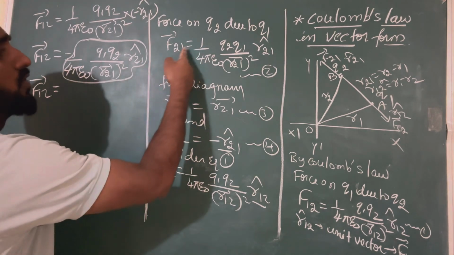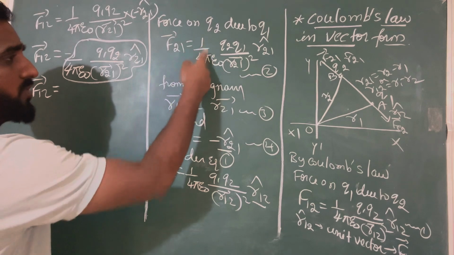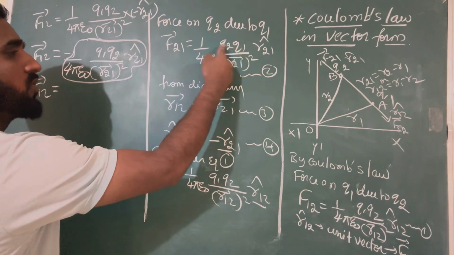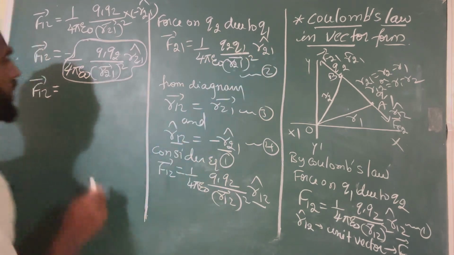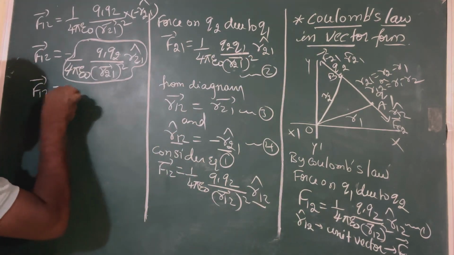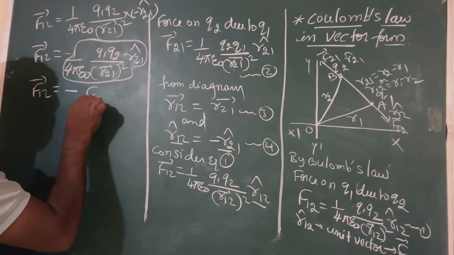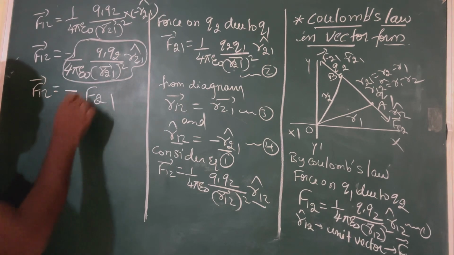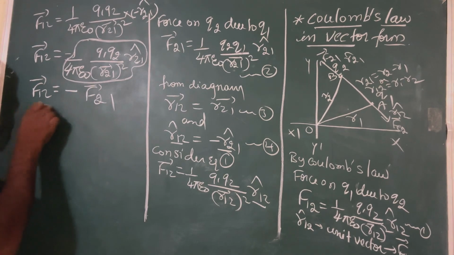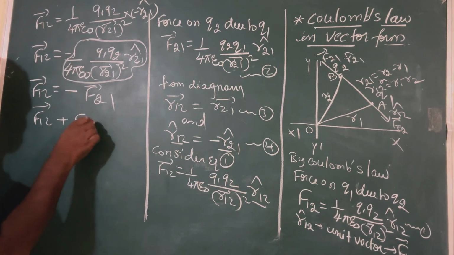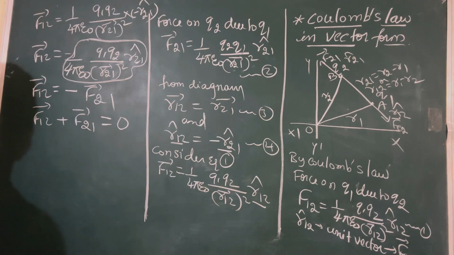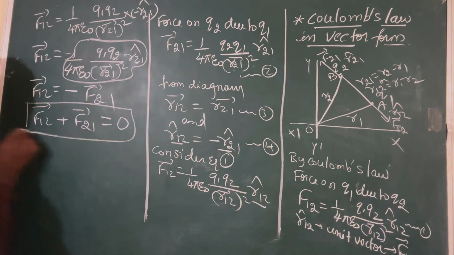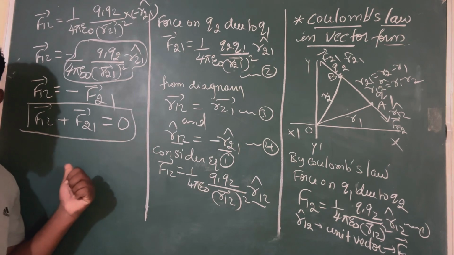You can see here, the F21 vector is equal to 1 by 4 pi epsilon naught q1 q2 divided by r21 whole square into r21 cap. So F12 should be equal to minus F21, or F12 vector plus F21 should be equal to 0. Okay, so this is Coulomb's law in vector form.